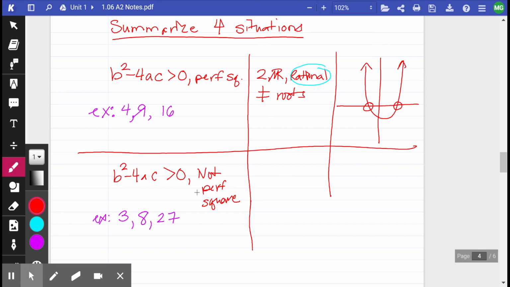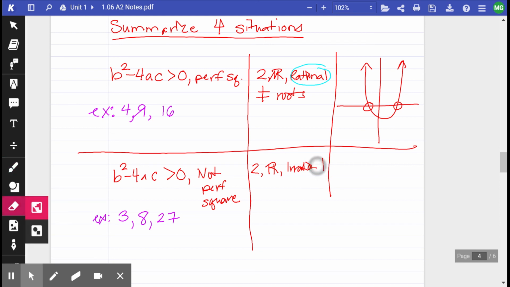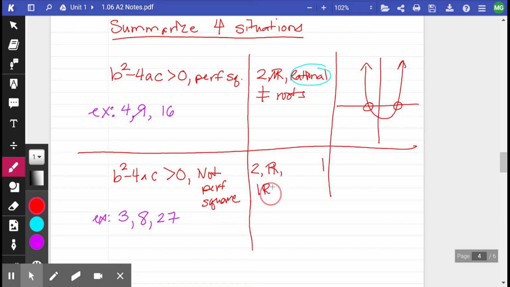So if this is positive and not a perfect square, we're going to have two real roots. This time they're going to be irrational because they're not a perfect square underneath. Sorry, that's really hard to read. For some reason the pen is a little delayed. Irrational is our most important word here.